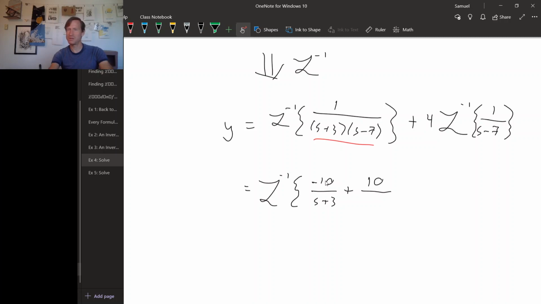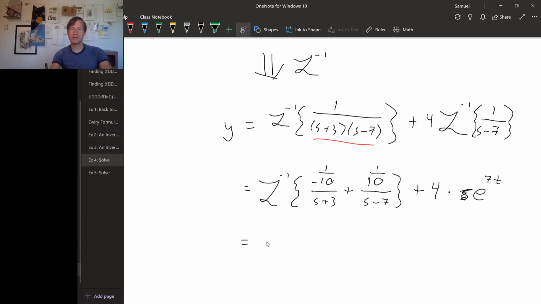Sorry, these should both be 1 over those. Okay, and then s minus 7 down here. And this inverse transform, the final one here, we might as well work out right away. So 4 times the inverse transform of 1 over s minus 7 is e to the 7t.